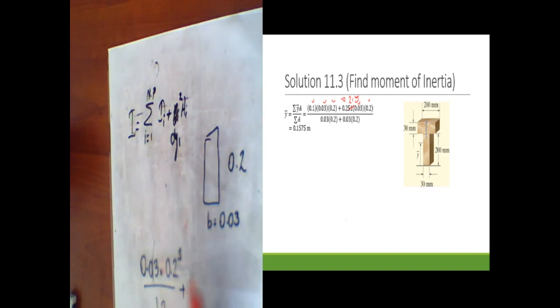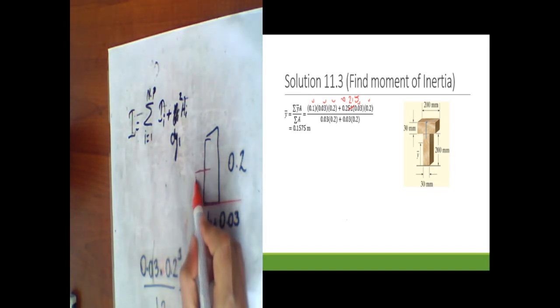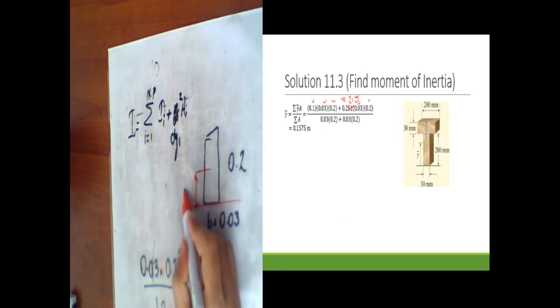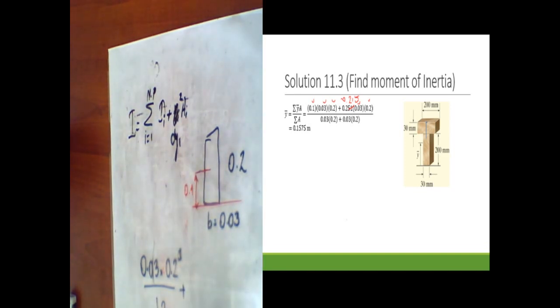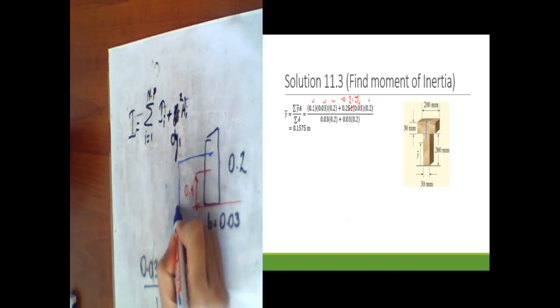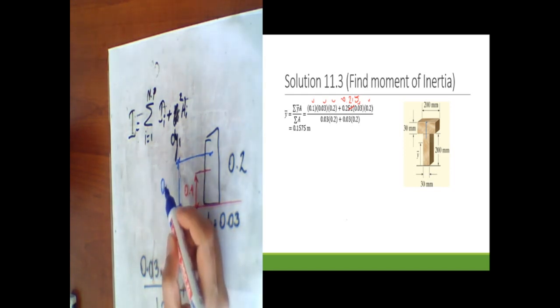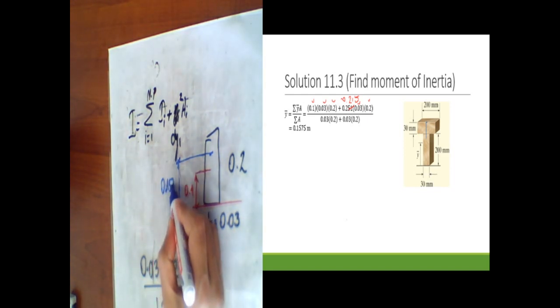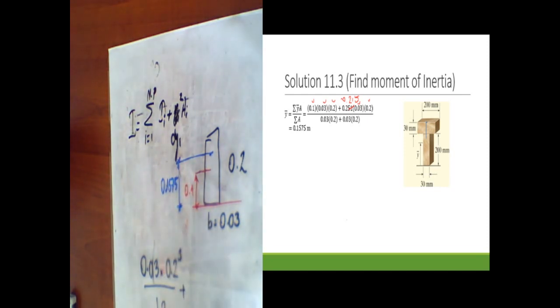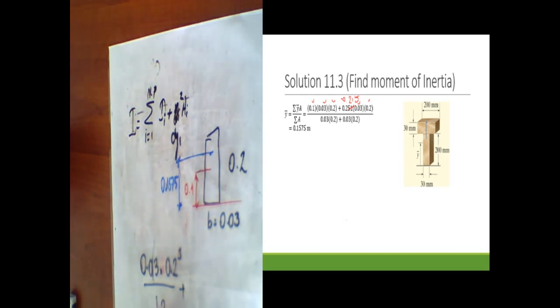We know our reference axis here, and the distance from the reference axis to this part is 0.1, you remember, and we also already know the centroid of the system, 0.1575.